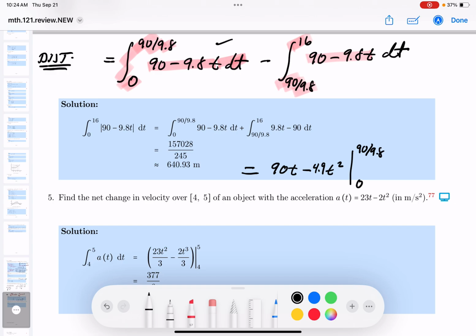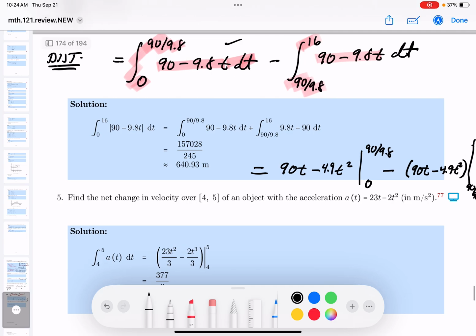I'm not going to bore you with the details of the arithmetic, but the next thing I'm going to do is the opposite of this antiderivative. So I'm putting it in parentheses, by the way. So 90t minus 4.9t squared, limits of integration 90 over 9.8 up to 16.